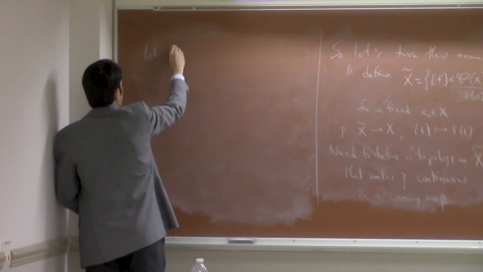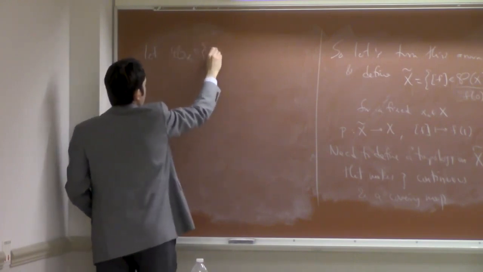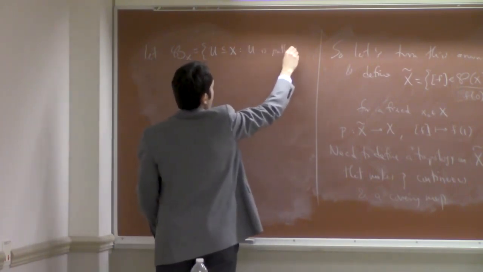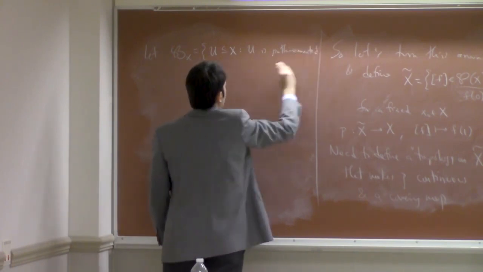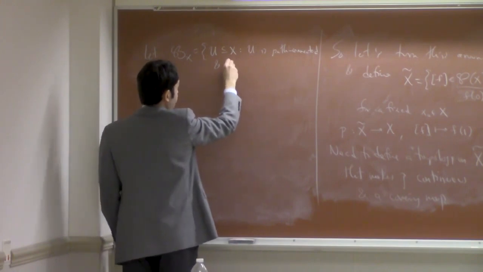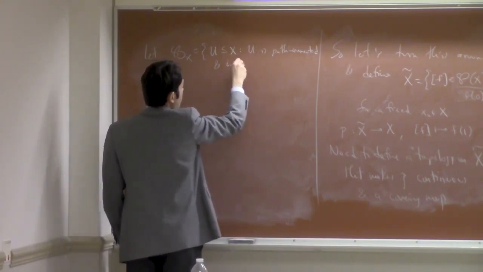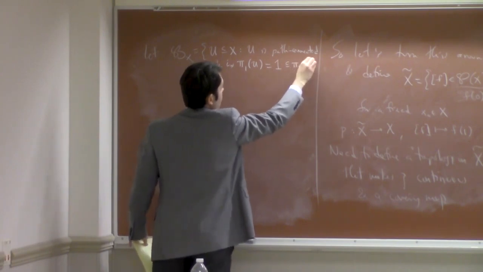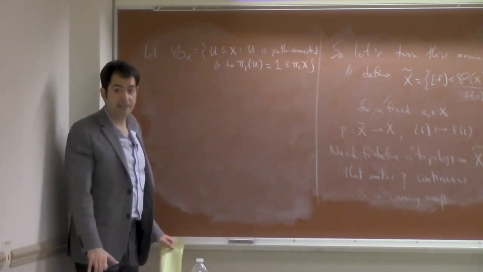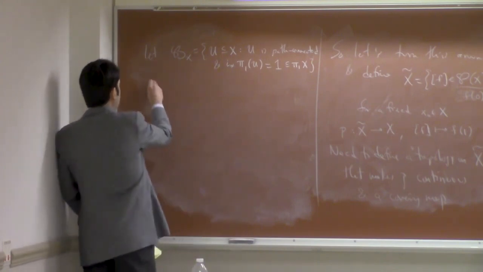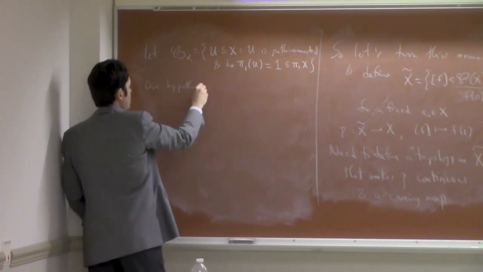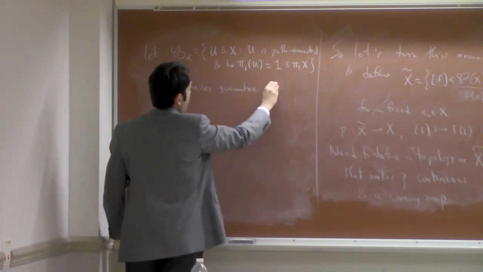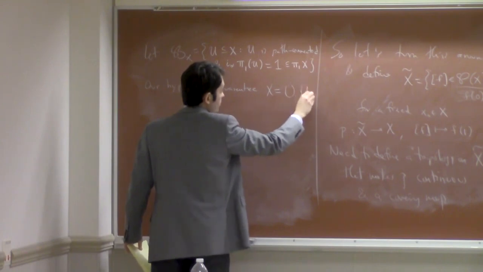So let's let Bx be all of the subsets U of X such that U is path-connected and the inclusion sends the fundamental group of U into the trivial subgroup of the fundamental group of X. Okay, so our hypotheses guarantee that X is the union of all of these U's.